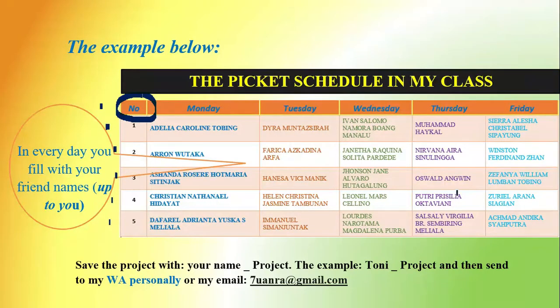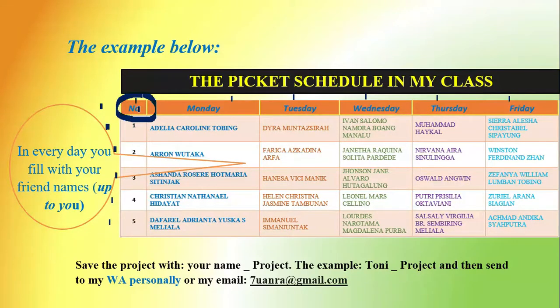And also you need 6 columns because here column 1, 2 Monday, 3, 4, 5, 6, yeah, 6 columns and 6 rows. This is the example kid.